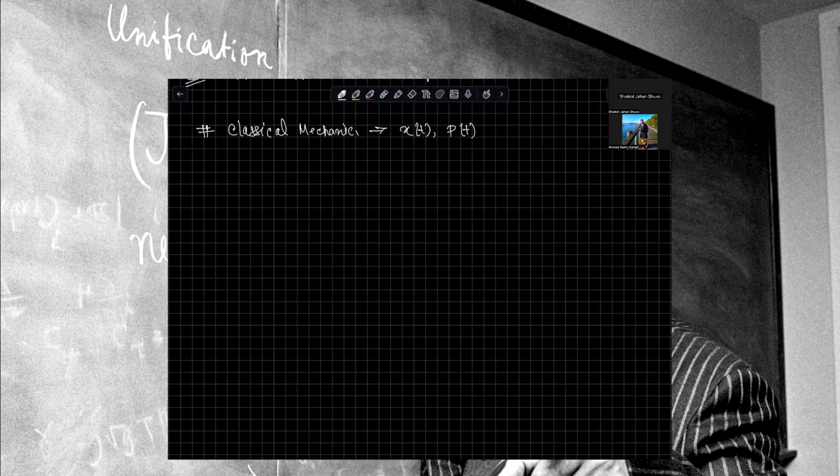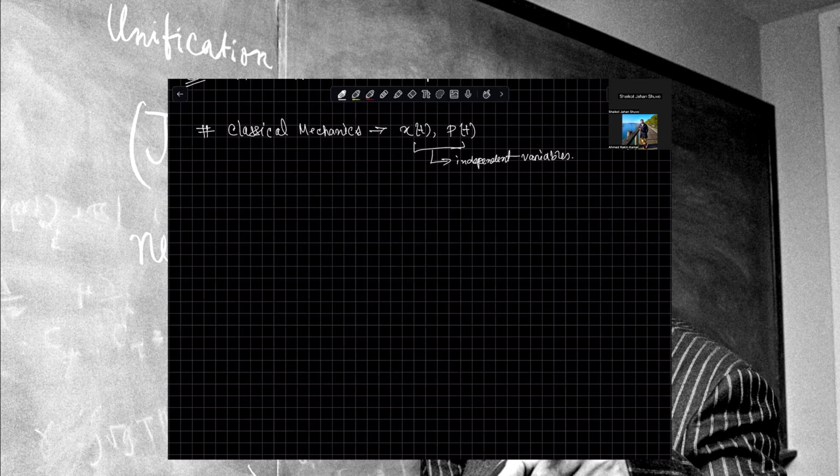So in that sense, you can think of them as the independent variables in classical mechanics.